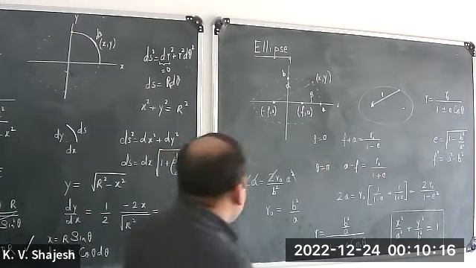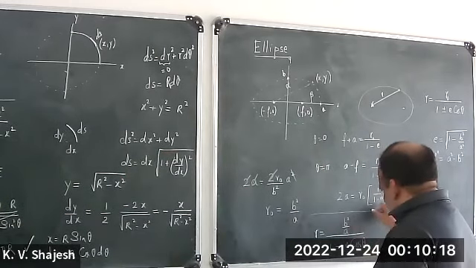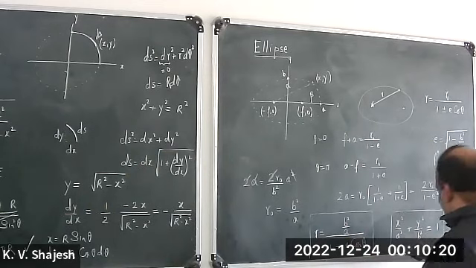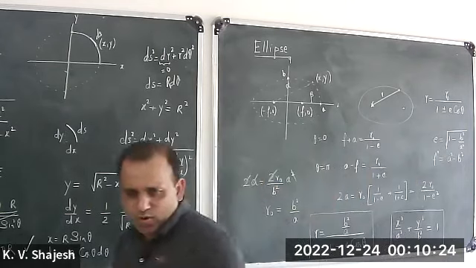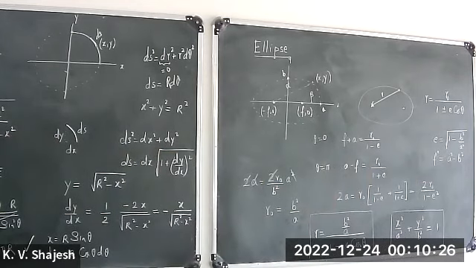The only thing I was trying to point out is that this is an additional thing I just presented, but the equation of an ellipse is x squared over a squared plus y squared over b squared equal to 1. You started with this eccentricity formula, right?